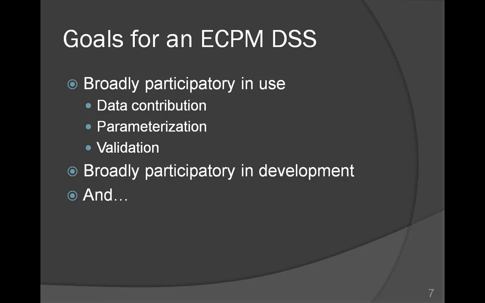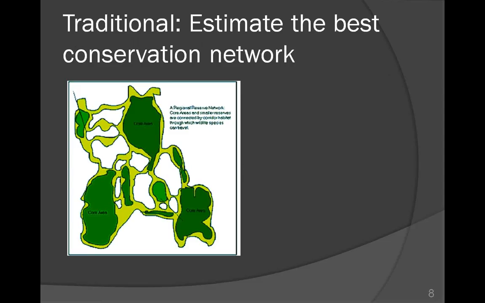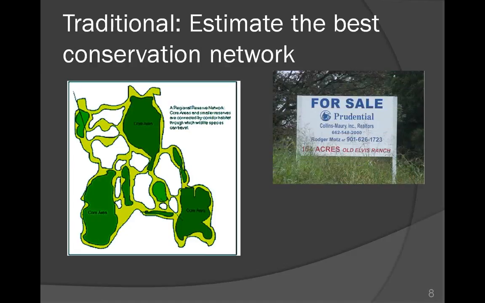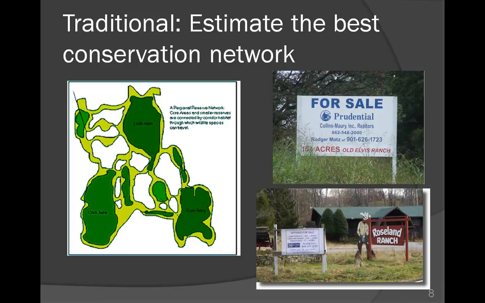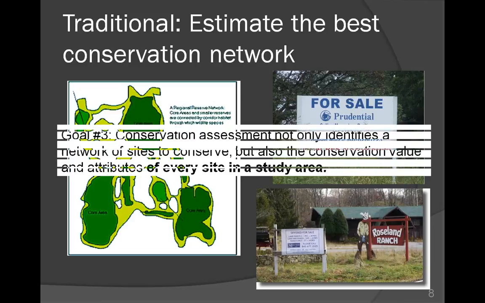Now, as far as some of the scientific goals, pushing decision support systems forward, because we know that there are hundreds of them out there. Some of the ones that we were really interested in: the first goal is looking at the best conservation network and having a good conservation network and a vision for that, but also being able to use your decision support system for real small, fine-scale decisions as far as individual properties or sub-watersheds, and really going down into those and getting really good ideas of the relative conservation value of those areas.